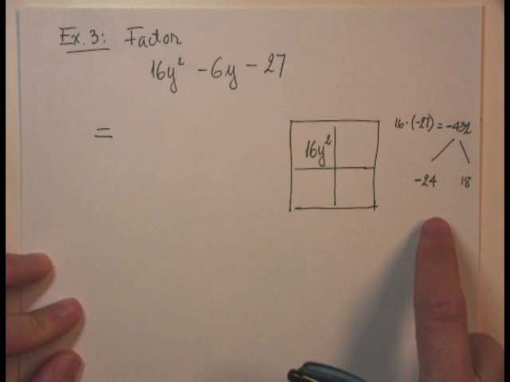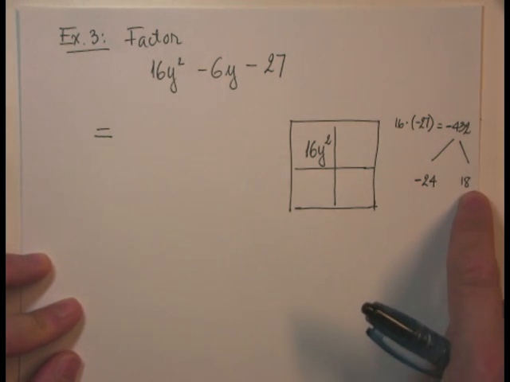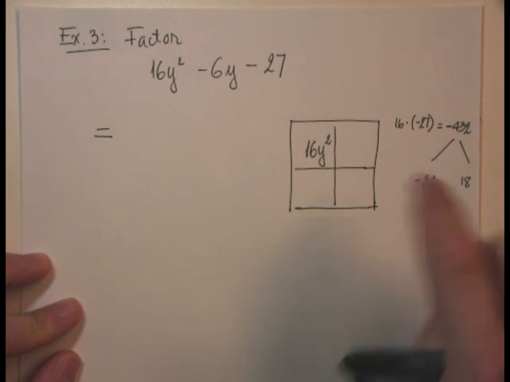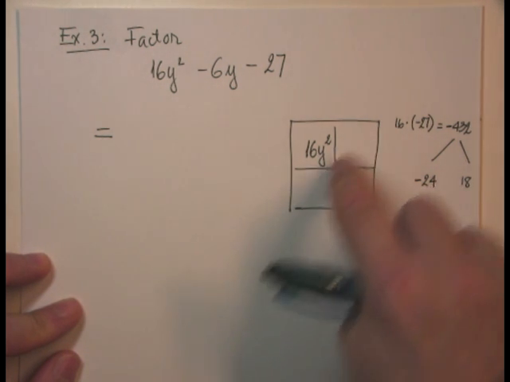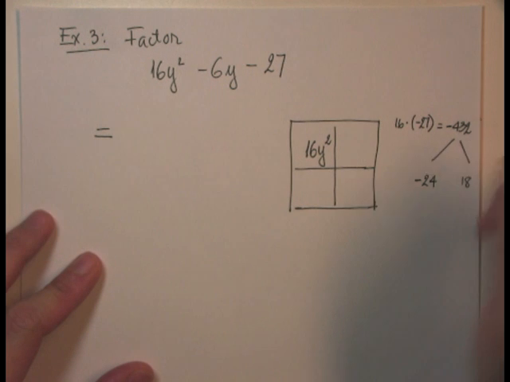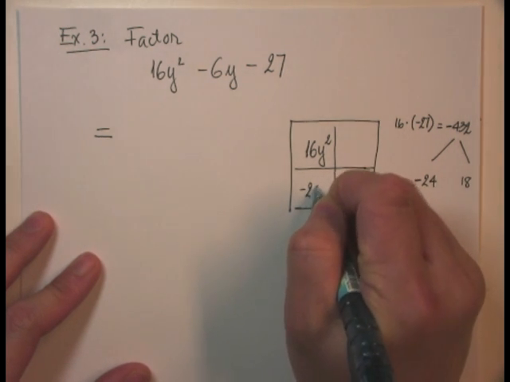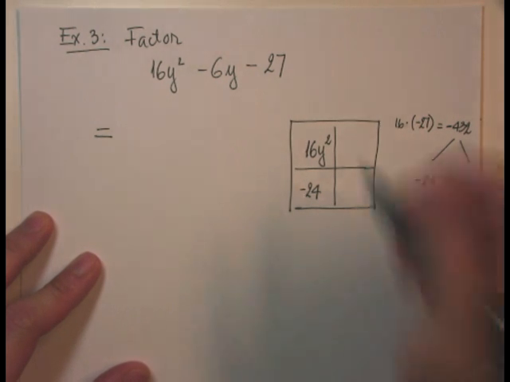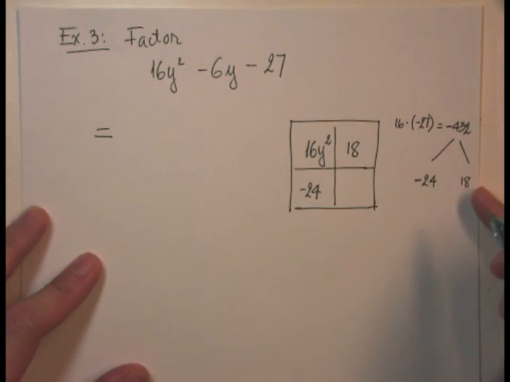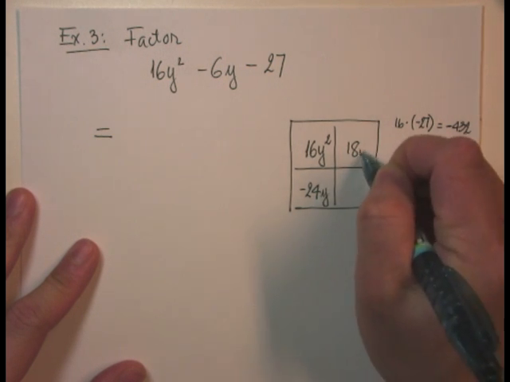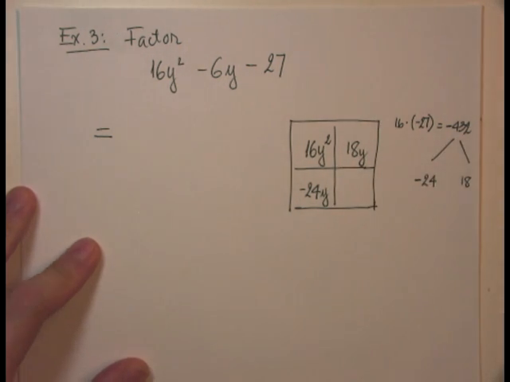Now I can put these 2 factors anywhere along the diagonal entries. It does not matter which one goes where, so I put negative 24 in the bottom entry and positive 18 on the upper entry. And don't forget to put in the y, which is the variable of your quadratic.